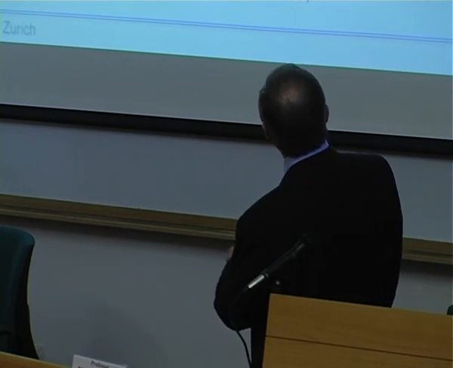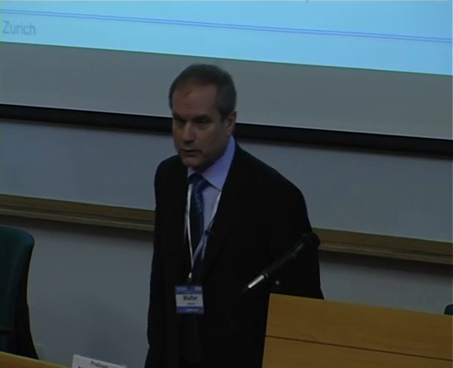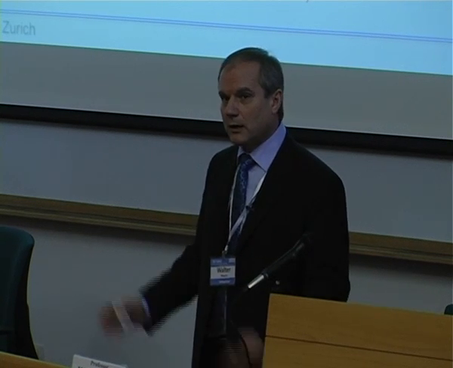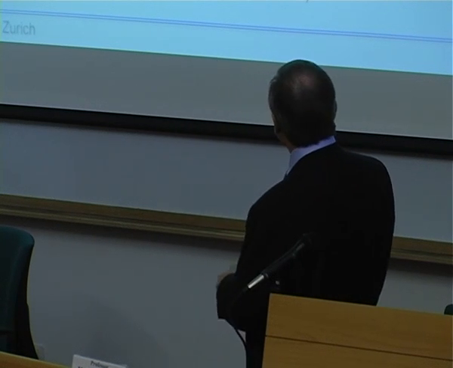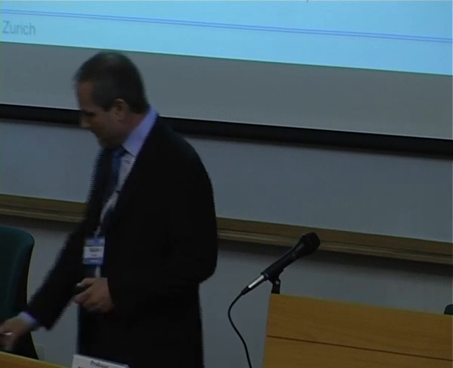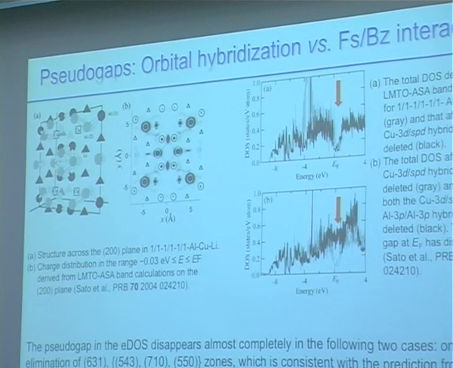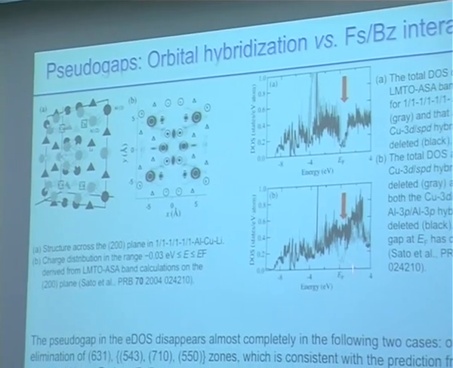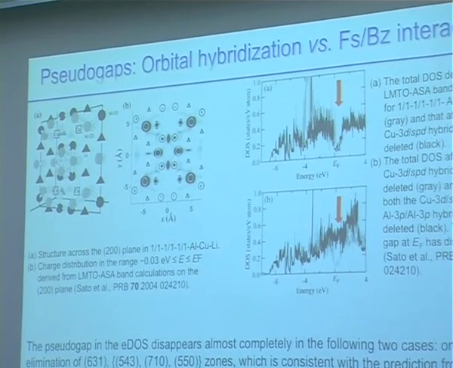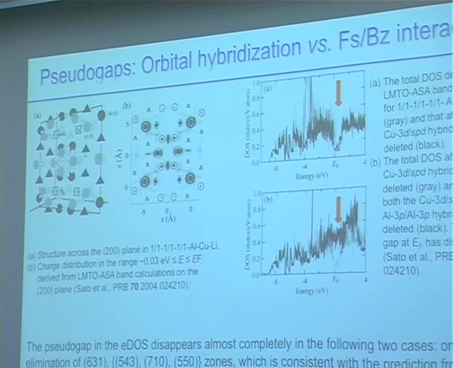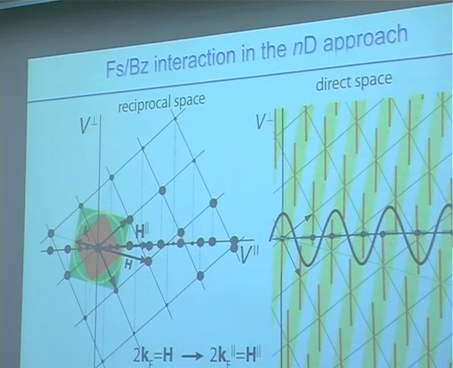Again, both either orbital hybridization or Fermi surface Brillouin zone interaction. You may have both, and there are examples where you have the one thing and examples where you have the other thing. Let's go in details. So you can find either here the increased electron density around atoms which indicate more this, or you may have a pseudo gap which is clearly related to Fermi surface Brillouin zone interaction.